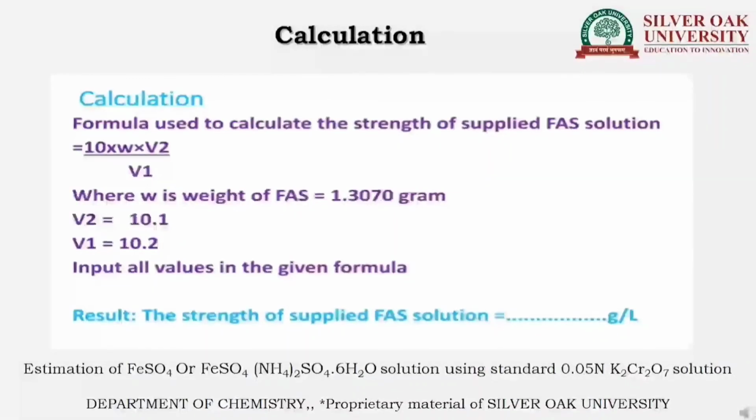Now put all the values in the given formula and you get strength of supplied ferrous ammonium sulfate solution in gram per liter.